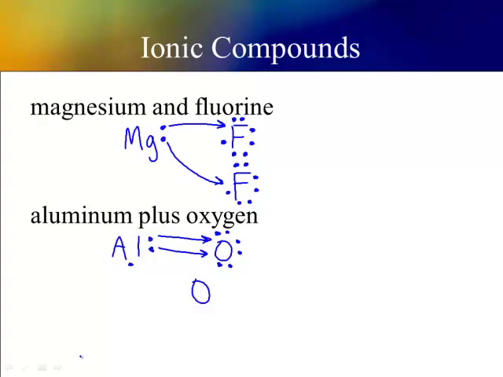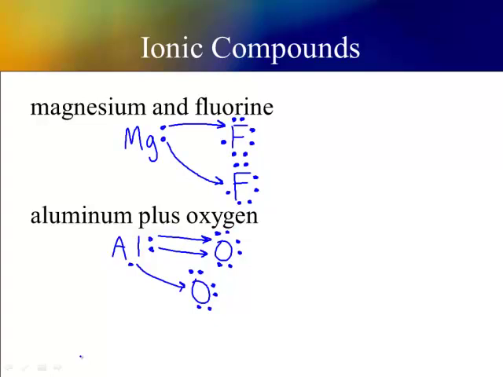So we draw another oxygen atom. Aluminum gives its remaining valence electron to this oxygen, making the aluminum stable. But now this second oxygen needs to gain 1 more electron.